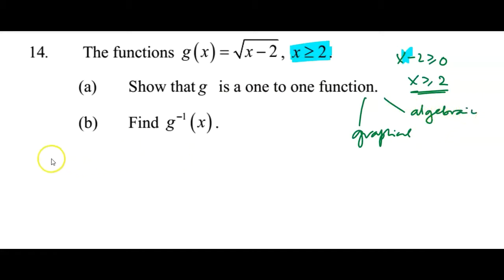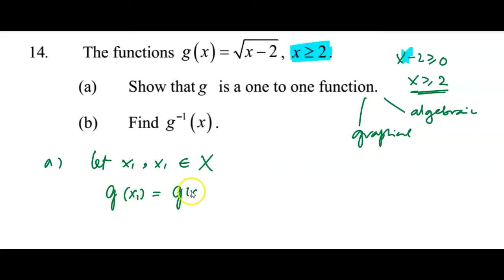In this question, I'll use the algebraic method. To use the algebraic method, we need to define x1 and x2. Let x1 and x2 be in the domain of the function. Start from this equation: g(x1) equals g(x2).